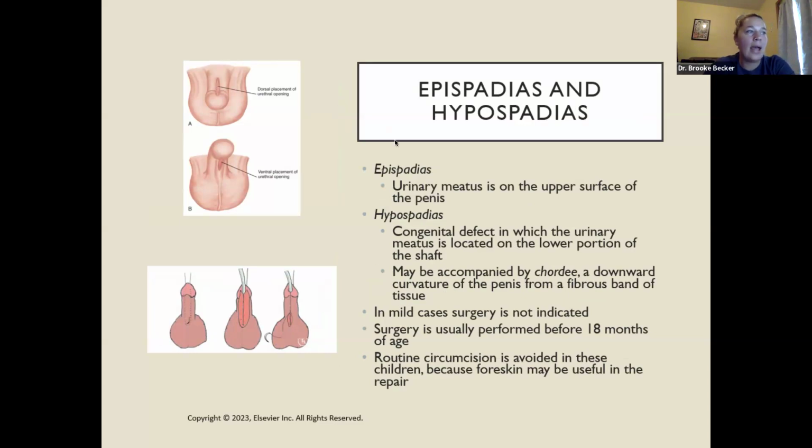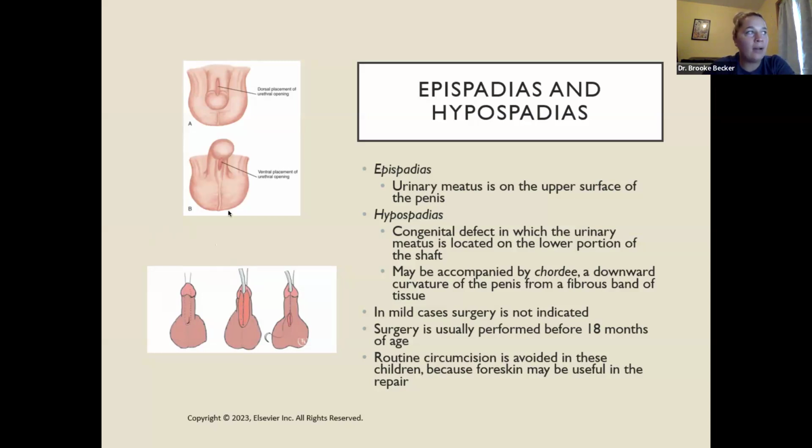And hypospadias is when it's on the underside of the shaft. A lot of times hypospadias also has chordee, which is when the curvature of the penis curves downward. So it's not uncommon for that to happen.